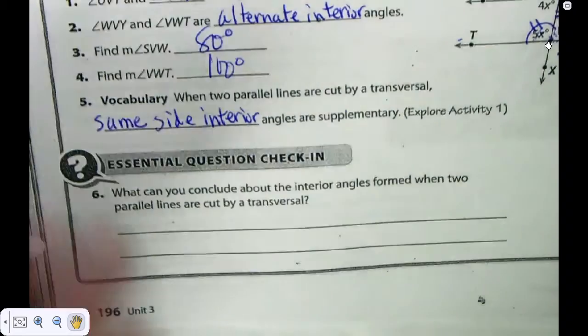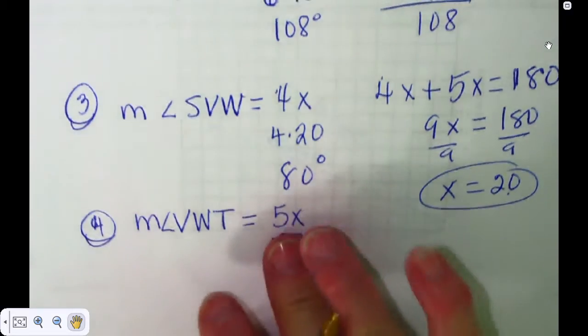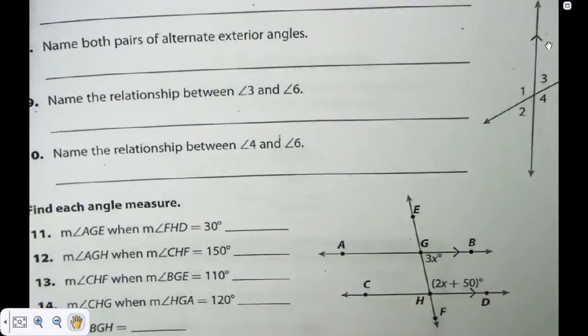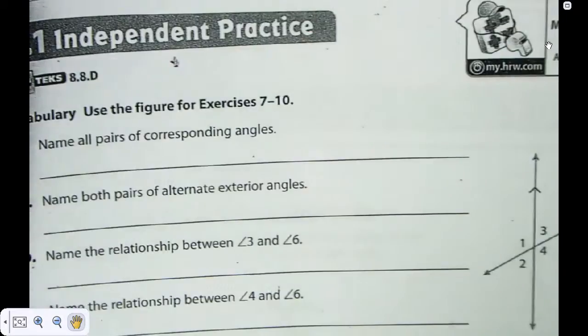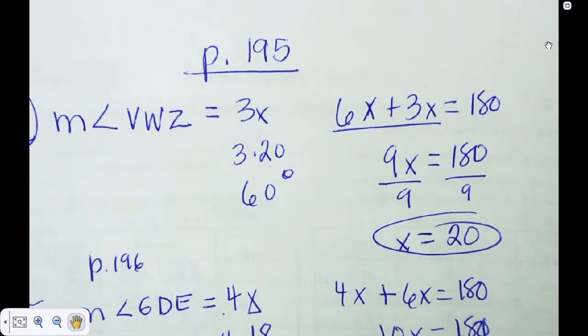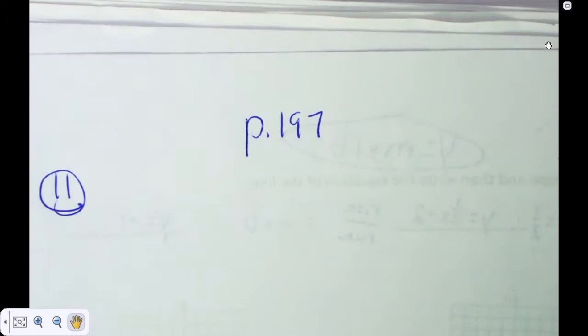Very good. Okay. Turn to the back of your paper, your notebook paper, and write 197 at the top. Skip a line and write 11.